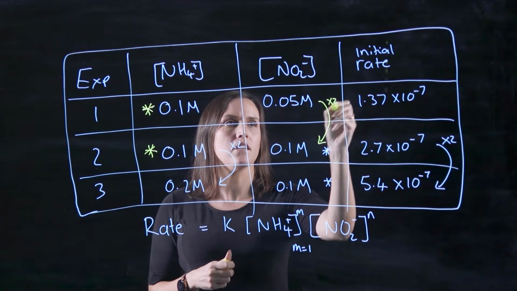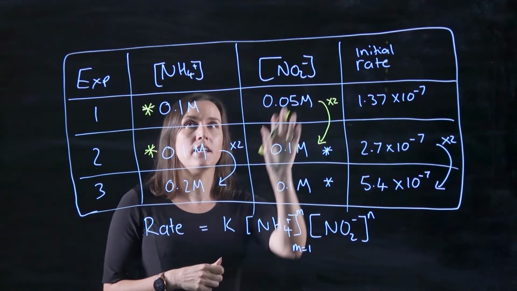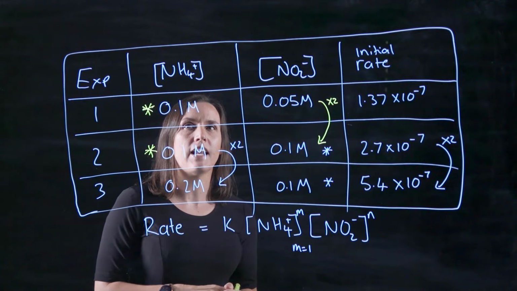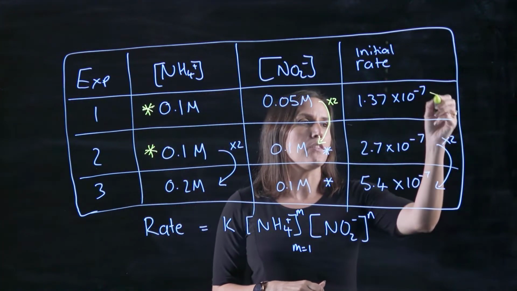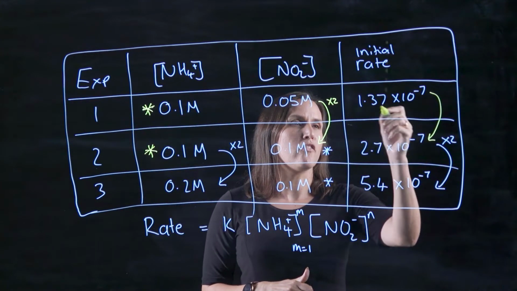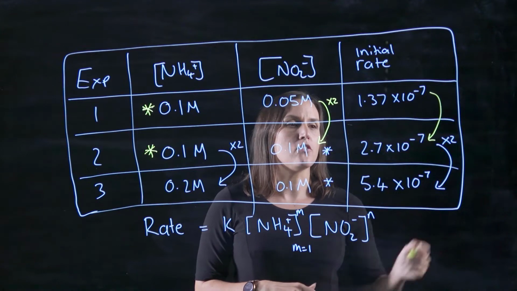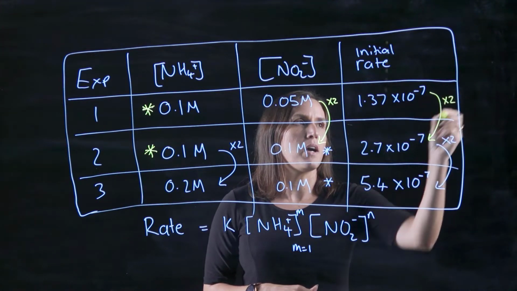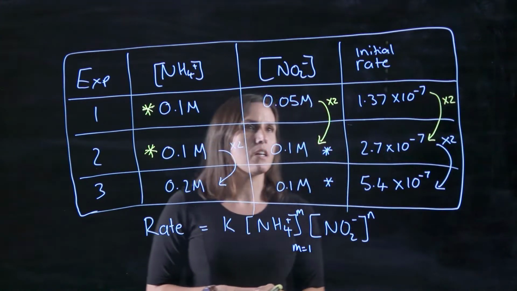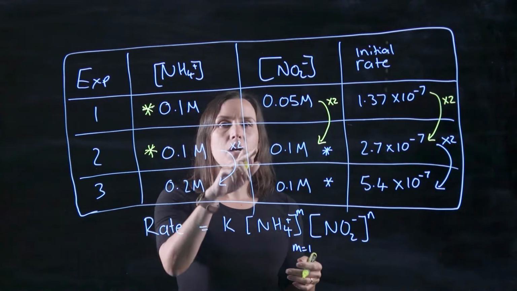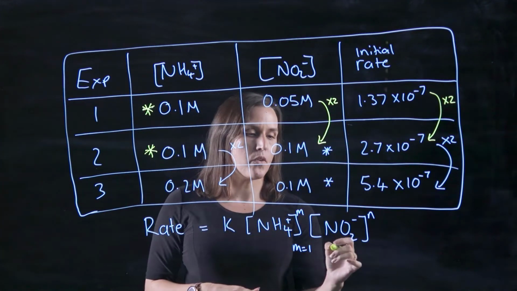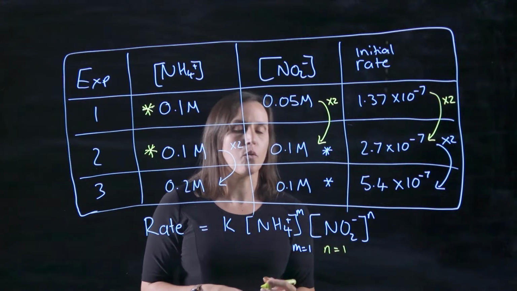So we're doubling the concentration of NO2 minus and not changing the concentration of NH4 plus. And if we look at our rate there, we're going from 1.37 to 2.7. So that is going up by a factor of 2 again. So we're doubling. So when we've got a double and a double, then we've got our N equaling 1 as well.